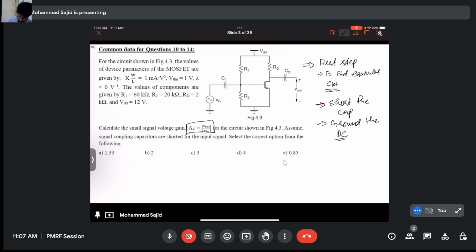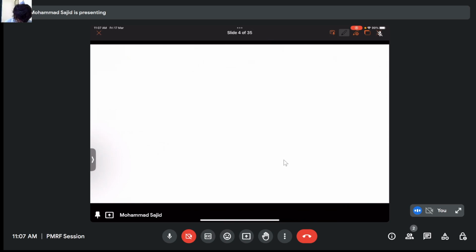Okay, let's draw. CKT we write as a short form. It's not actually a short form, just for the purpose of writing it shortly. We write it as CKT.